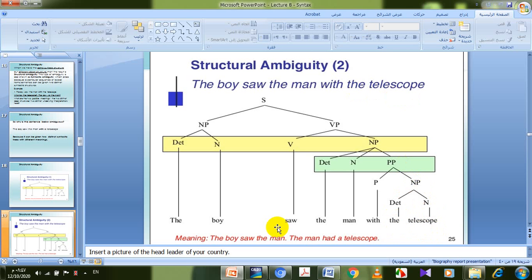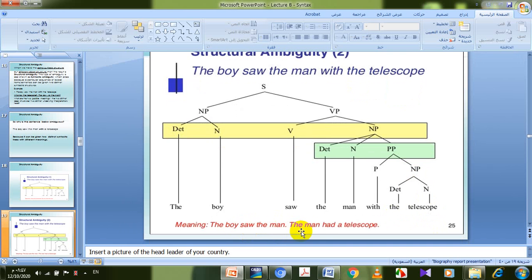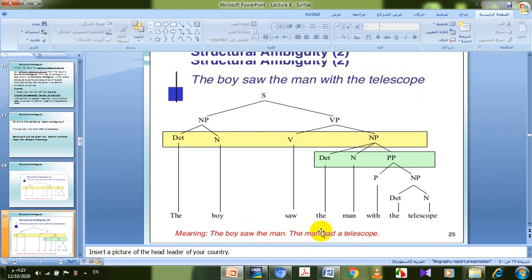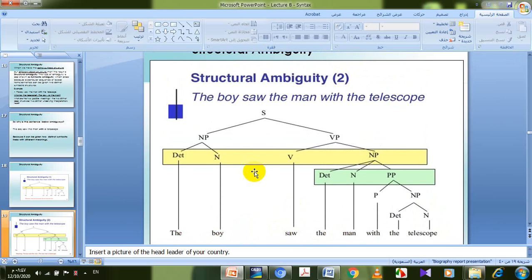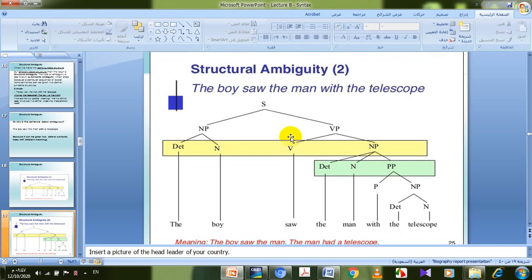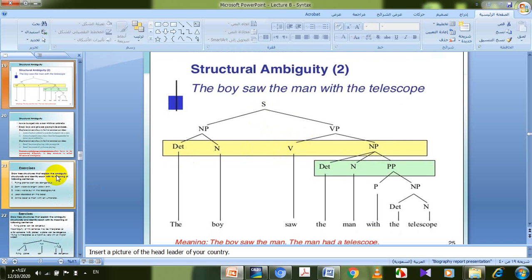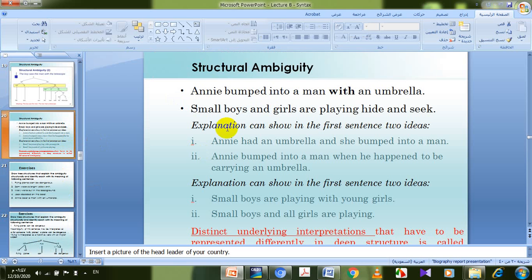So it means here the boy saw the man who had a telescope. And that's why we have two different structural representations. When we have a tree diagram, things are going to be clear cut. So, structural ambiguity, we have many more examples here.